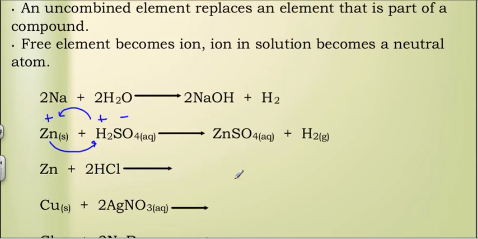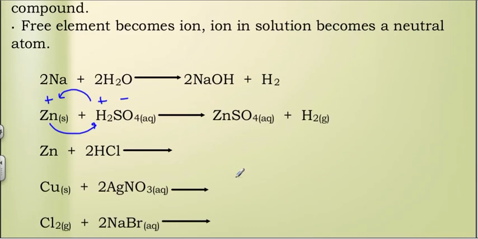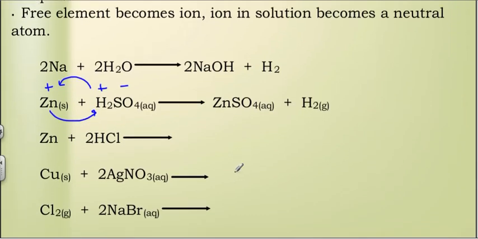We've got 3 examples here of predicting products of these single replacement reactions. Zinc is positive, hydrogen is positive, and chlorine is negative. So what's going to switch, and this is the part that some students get tripped up on, is the 2 positive ions, because positive attracts to negative. We're not going to have 2 positive ions attracted to each other.